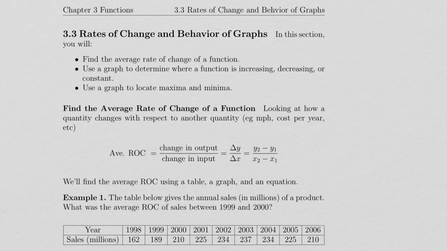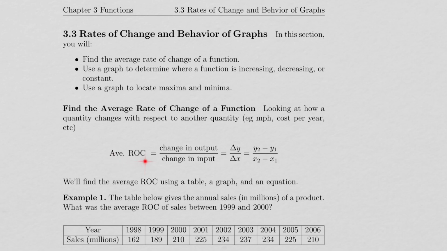Okay, so to start, let's see if we can find the average rate of change of a function. Actually, let me define it first. The average rate of change, usually I'll just say AROC or AVROC, so I don't have to write average rate of change all the time, is literally just the slope of the line segment that connects the two endpoints.